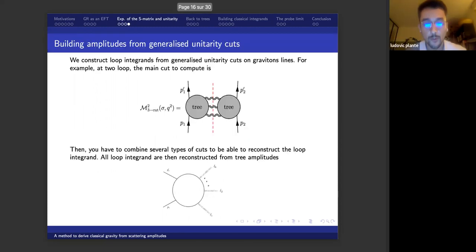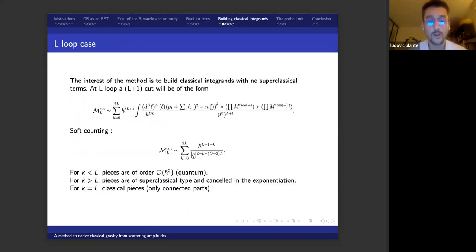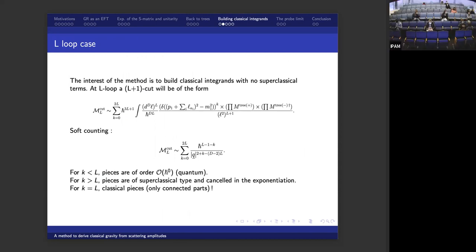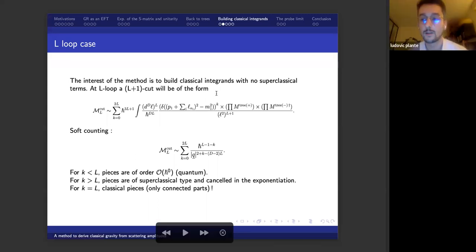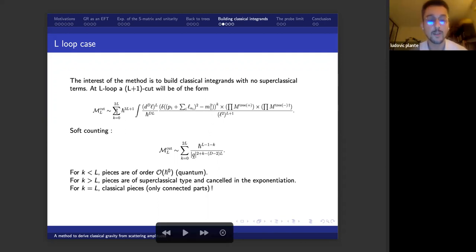I don't know. In the probe limit, we proved that it works up to four loops. Now for general masses, going beyond the probe limit, yes, we will try.